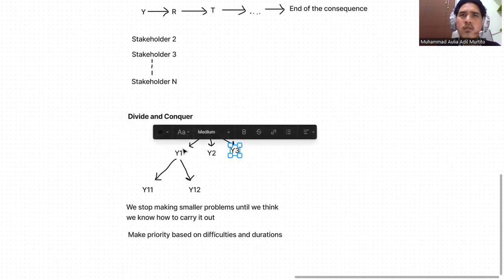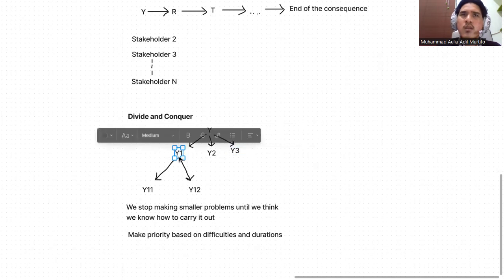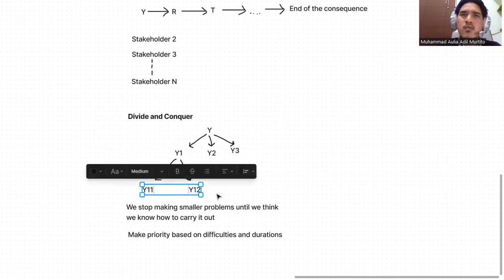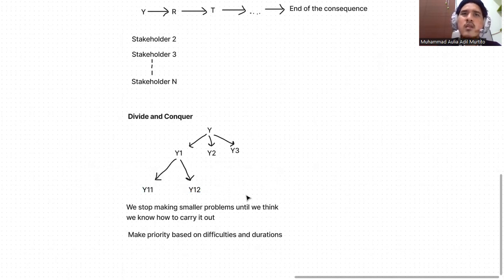Of course, Y1, Y2, Y3 are smaller problems, and then each problem will again be divided into smaller problems like Y11 and Y12, and we keep dividing it until we think that we are able to carry out that small action.